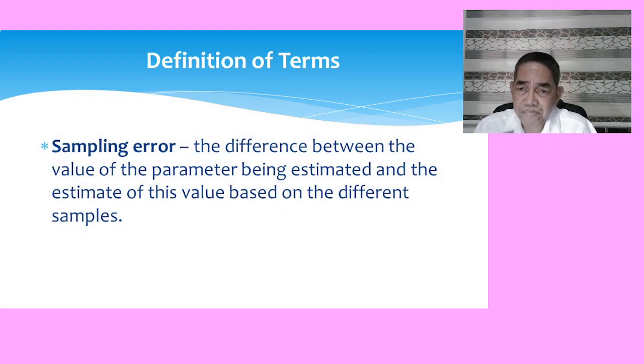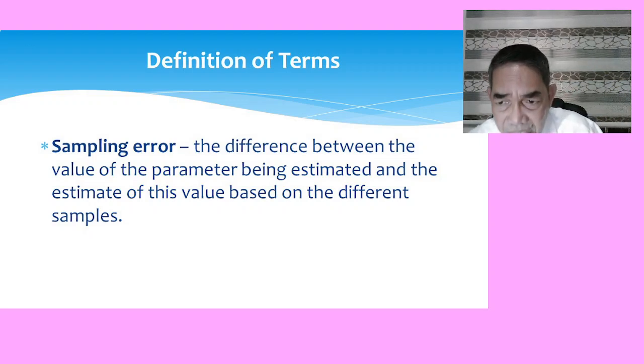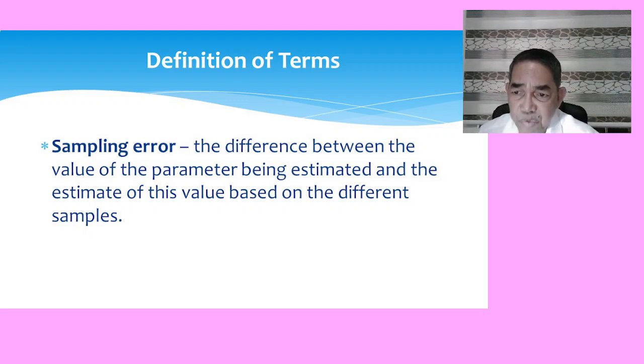Now, the next term that I would like us to understand is sampling error. That is the difference between the value of the parameter being estimated, and later on in the finals period, I think I will distinguish to you a parameter from a statistic, but the parameter is that which we want to estimate. So the difference between the value of the parameter that you want to estimate and the estimate of this value based on the different samples.